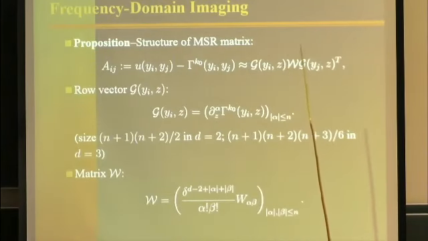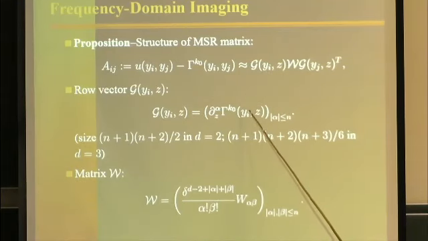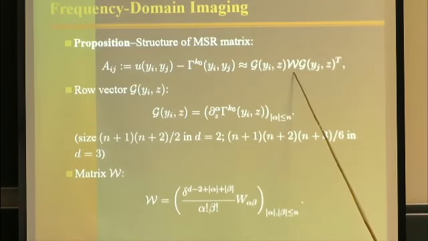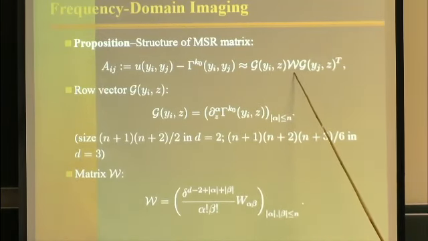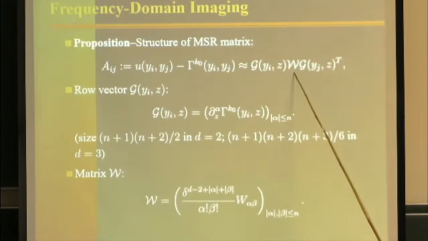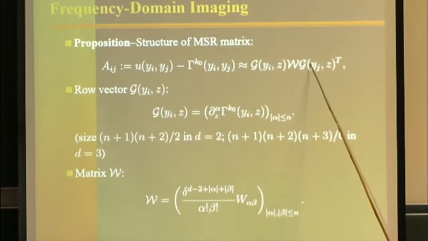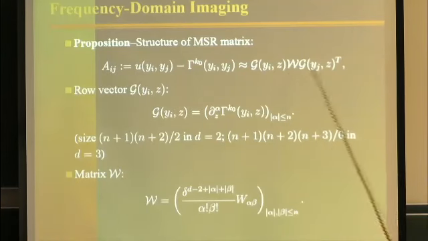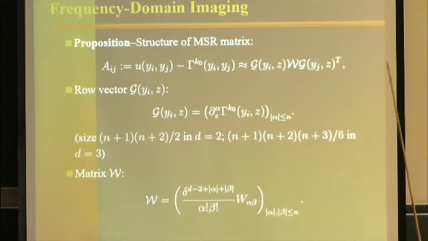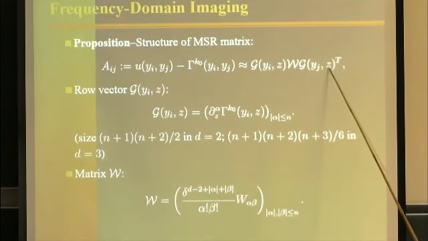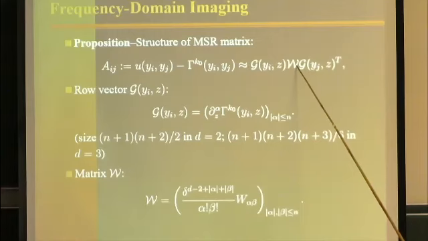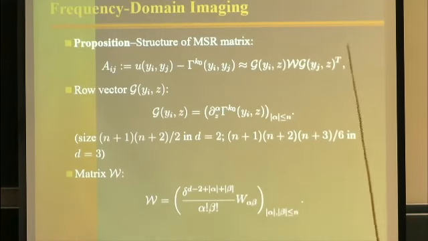Okay. Now this is the structure of your matrix. It's derivative of Green functions times some matrix W, which contains all the geometric and material parameter information, times the Green function. From this, you want to locate z and to reconstruct the electromagnetic parameters and some approximation of the geometry.